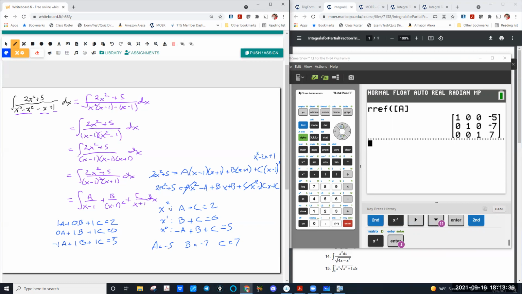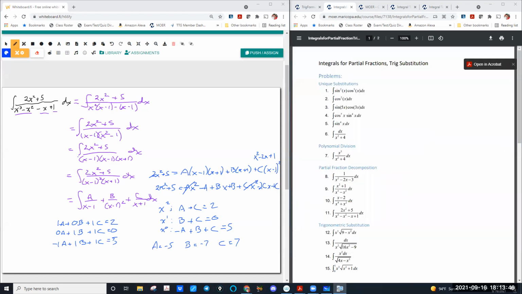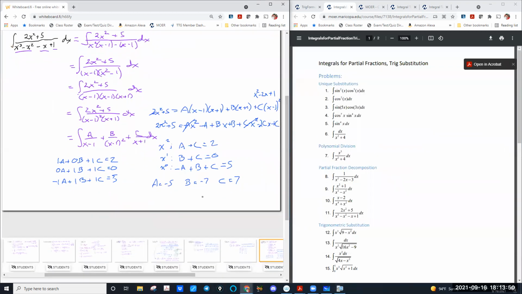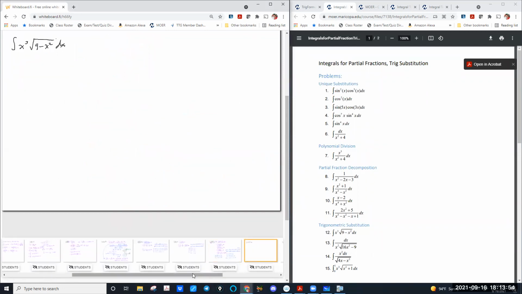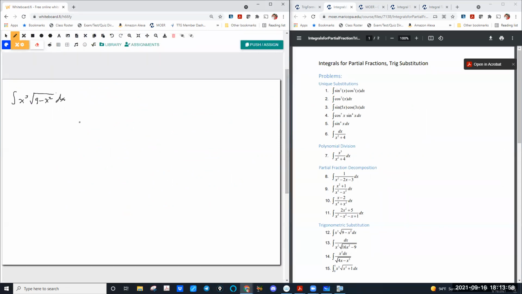Okay. All right. We got to get a trig sub, one or two trig subs in here. So sorry to not have time for questions right now, but we need to get a trig sub. We've only got about 17 minutes left. All right. Next one. Let's talk about how we identify it as a trig sub first.